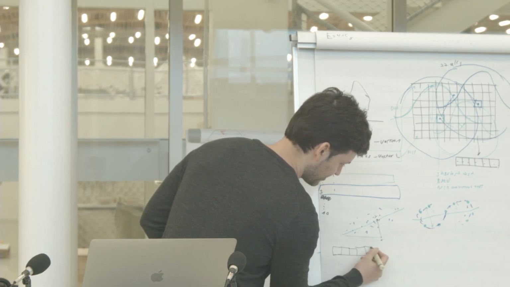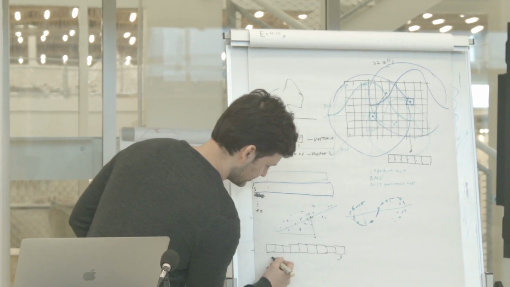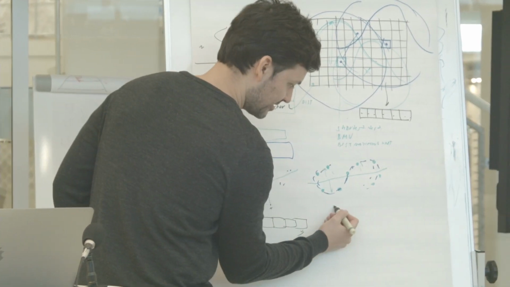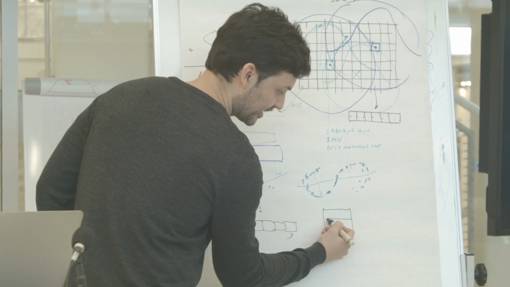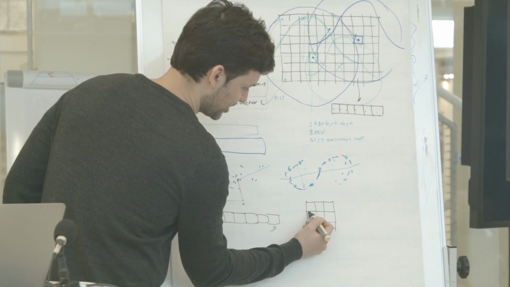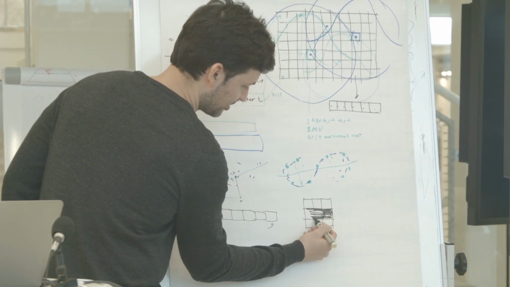2, 3, 4, 5, 6, 7, 8, 9. Yeah? And what do these numbers represent? Simply, I made a pattern like this. A geometrical pattern. And I say, okay, this is a plus. I'm interested in the plus shape.